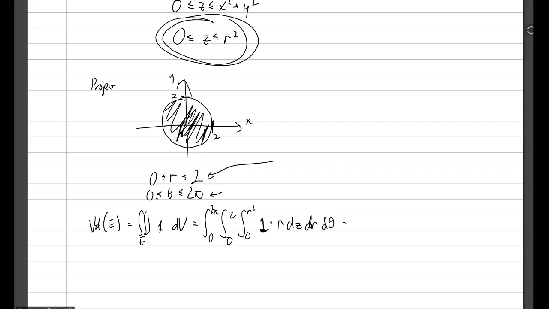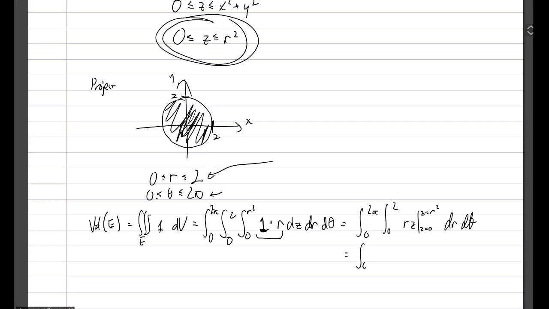Now the challenging work has already been done. If we start to do some integration here, why not? We're trying to integrate the function 1 times r, in other words r, with respect to z. So it's 0 to 2 pi, 0 to 2, and this will be r z, where for z we plug in 0, and for z we plug in r squared, dr d theta.